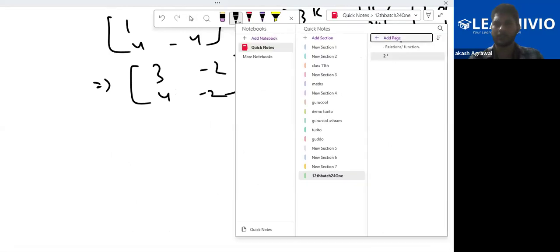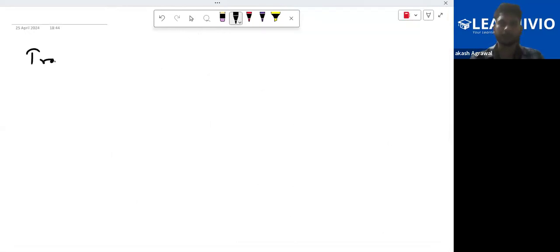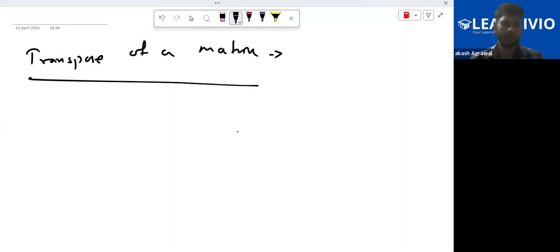Transpose of a matrix. What do we mean by transpose of a matrix?